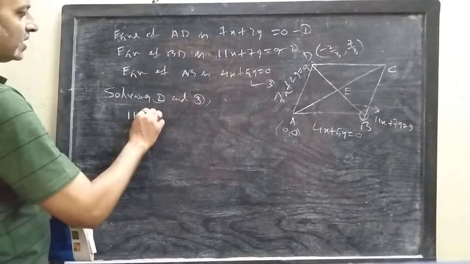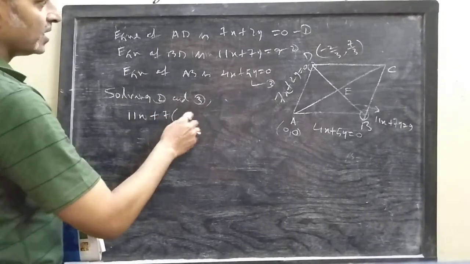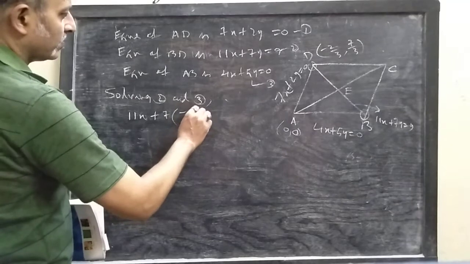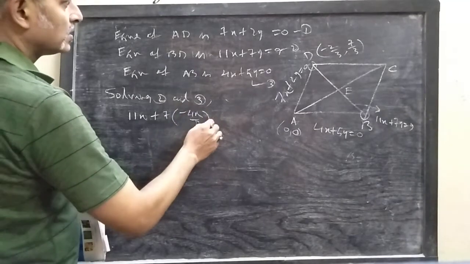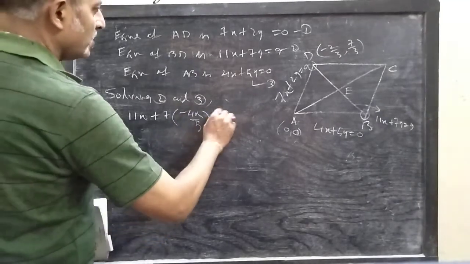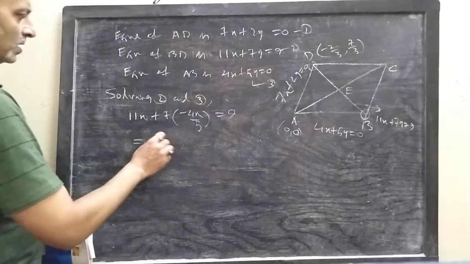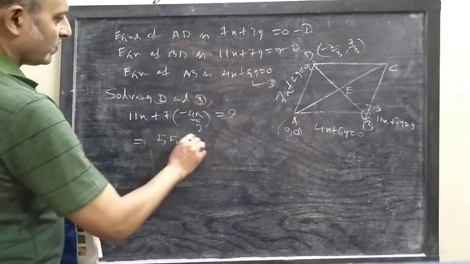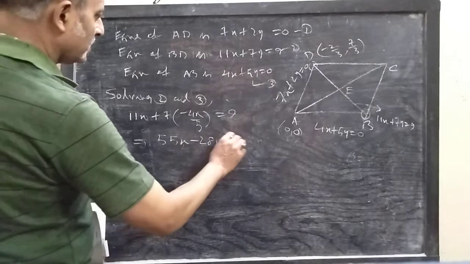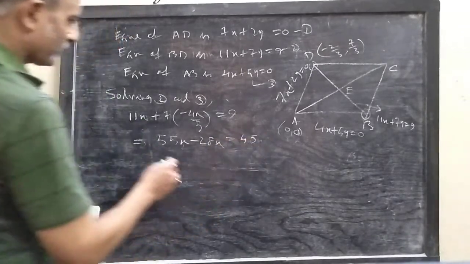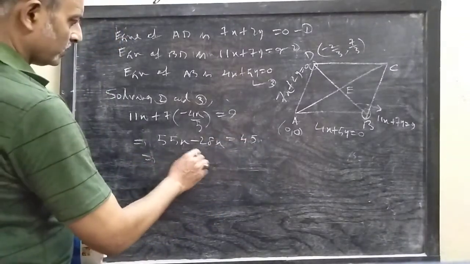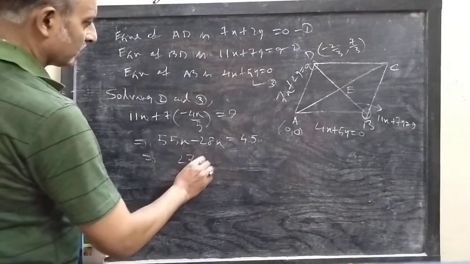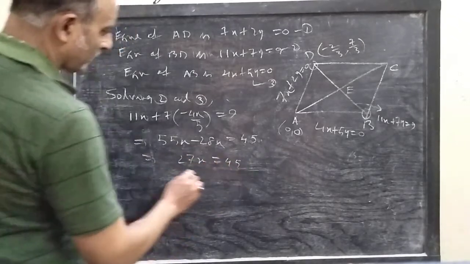You have 11x plus 7 into, instead of y, write minus 4x by 5, equals 9. 55x minus 28x equals 45. 27x equals 45.